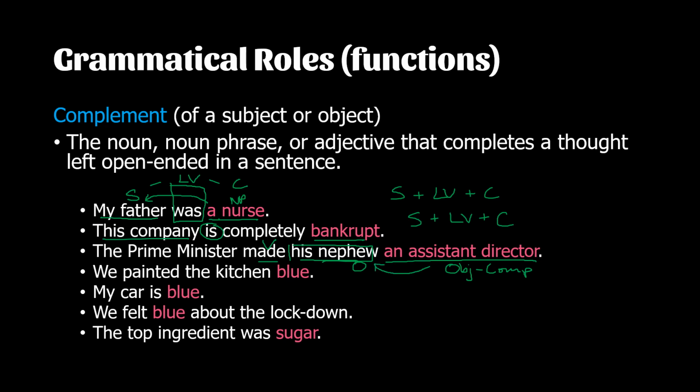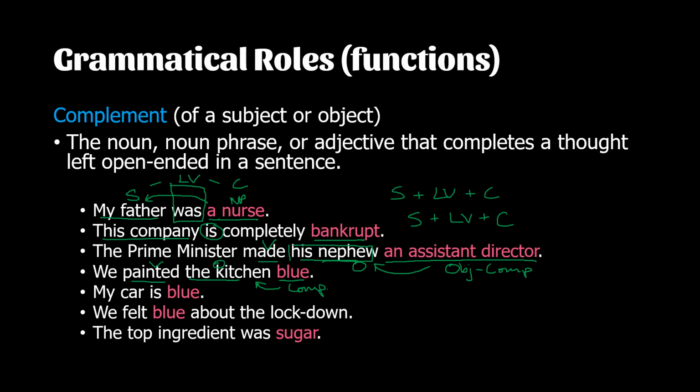We painted the kitchen. Paint is the verb. The kitchen is an object. So blue is a complement of kitchen. I can't say I painted the blue kitchen and have the same meaning as I painted the kitchen blue.